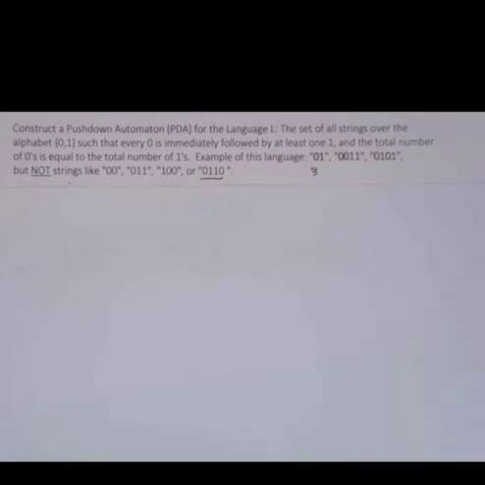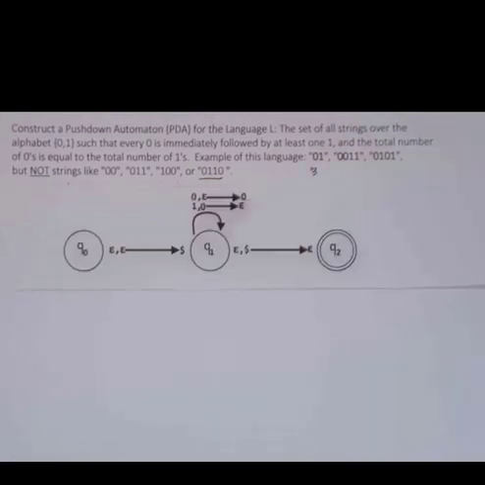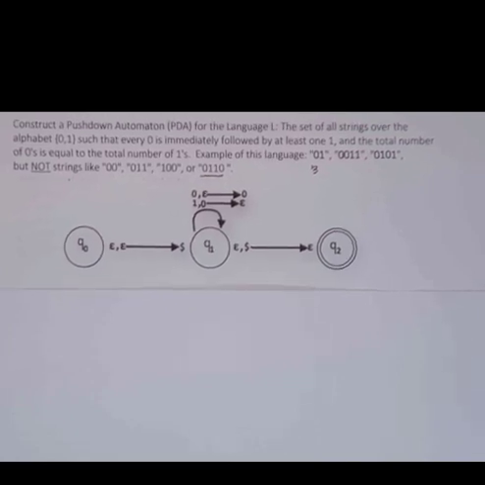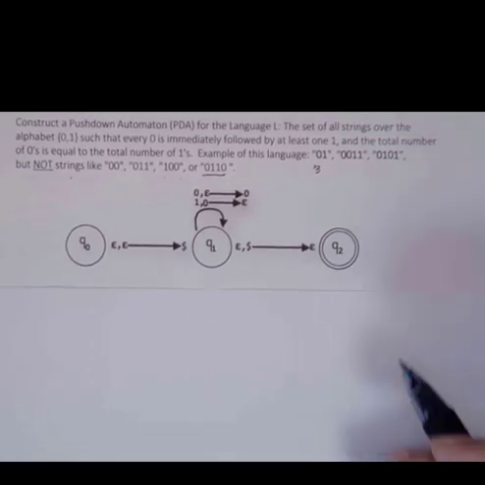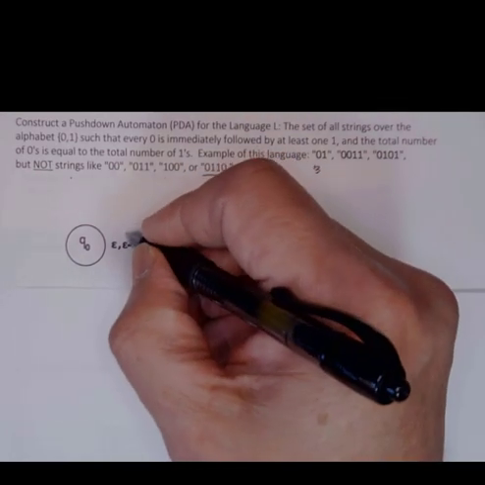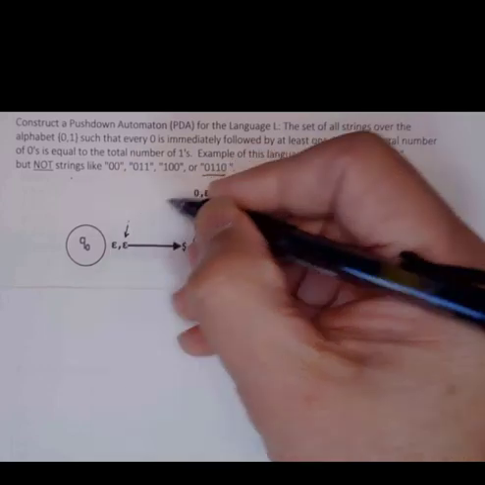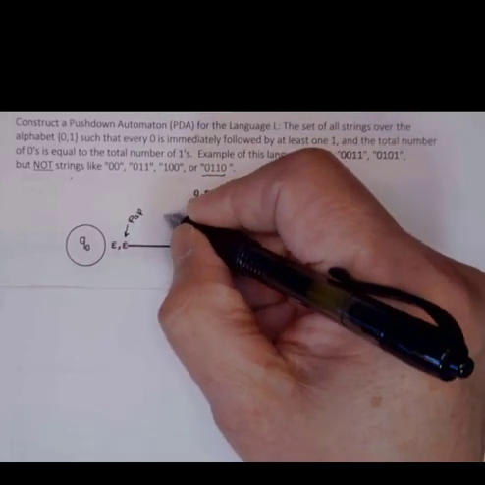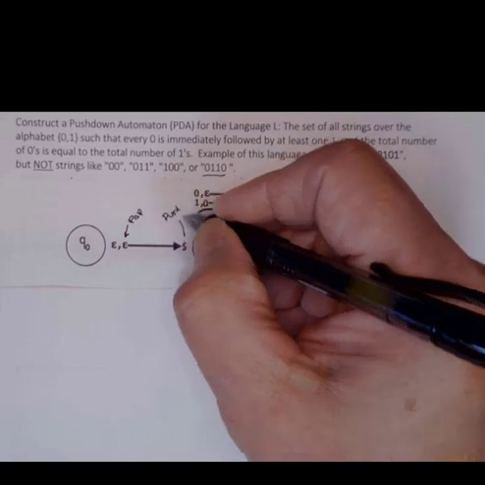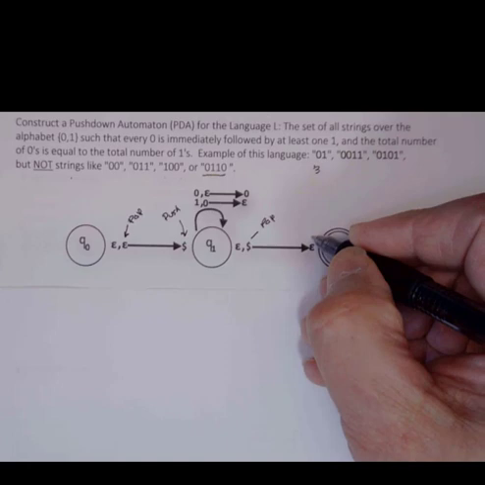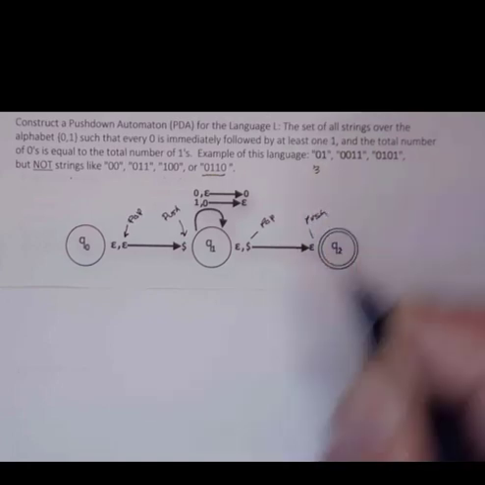So here's the diagram for this exercise. And as you can see, whenever you have a Pushdown Automaton, this here is pop, and this here is push, and pop, push actions.